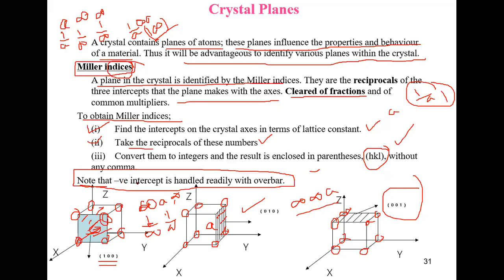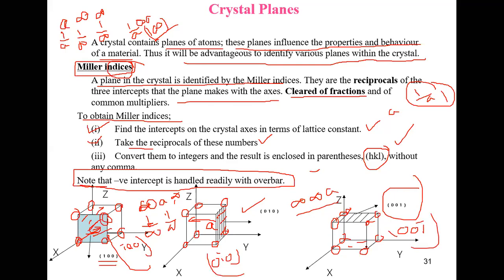If the intercept is minus a, the Miller indices will be the same, but you will put a bar: (1̄ 0 0). Similarly, the Miller indices of the plane behind this one will be (0 1̄ 0). For this one, it will be (0 0 1̄).